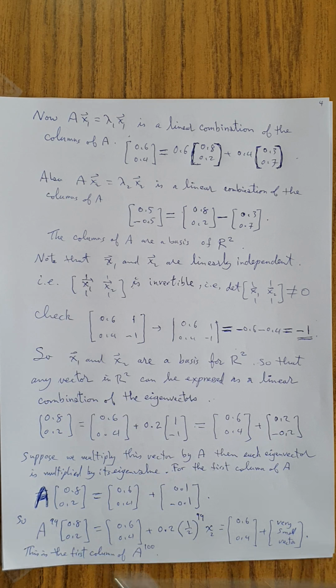If we multiply by A 99 times, we get A to the power 100.